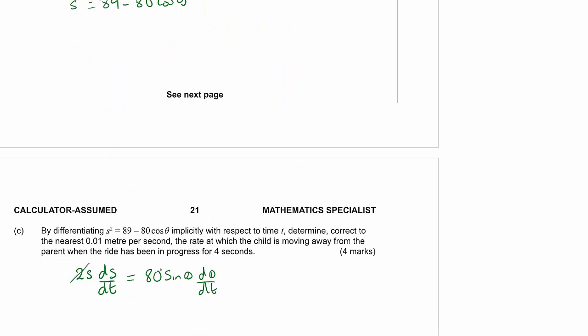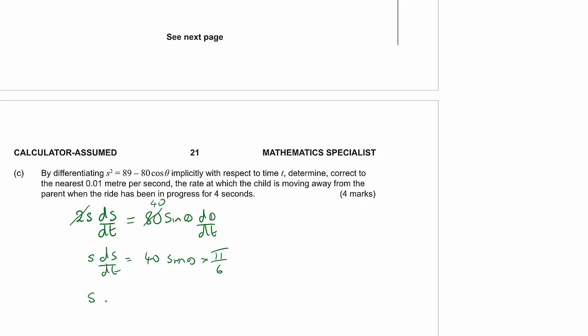So we could divide by 2 here, and we get s ds dt is 40 sine theta times pi by 6. So s ds dt is going to be, well, 40 over 6 is 20 over 3, so 20 pi by 3 sine theta.